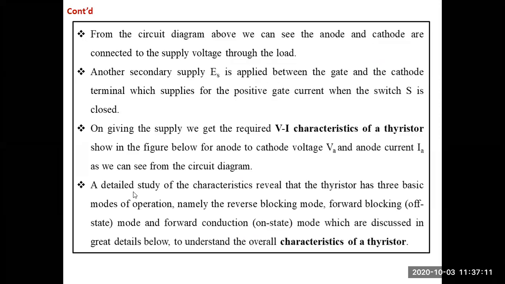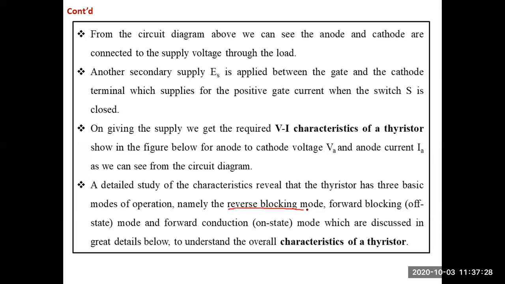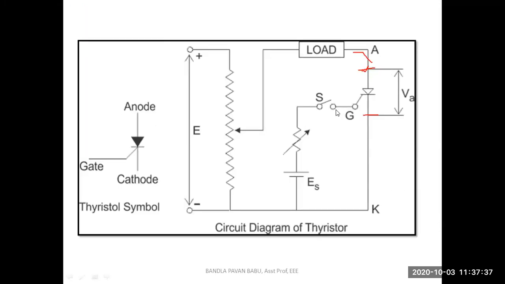We have to analyze the three modes of operation. Before learning about the characteristics of the SCR, there exist three modes of operation: the reverse blocking mode, forward blocking mode, and the forward conduction mode. This switch operation can be analyzed in these three modes.